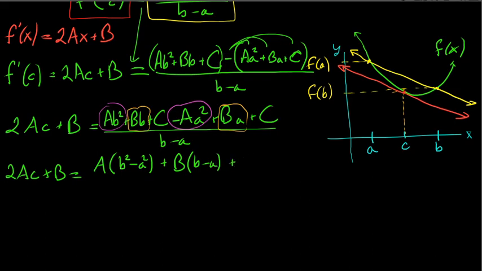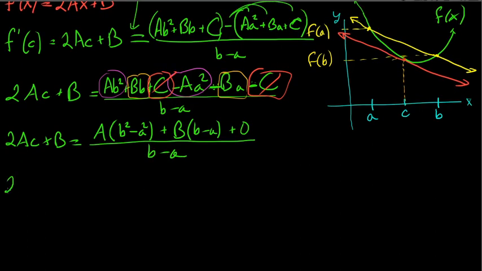And then I have this positive c. Oh, sorry, that should be a minus. I forgot to distribute the negative. So that's a minus. That's a minus. There we go. So c minus c is 0. So they cancel. So plus 0, all over little b minus little a.